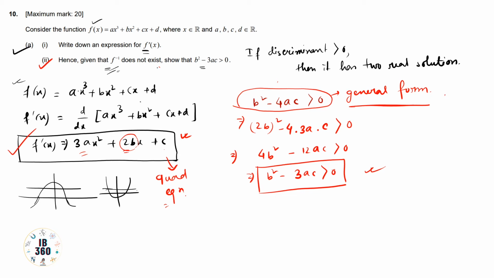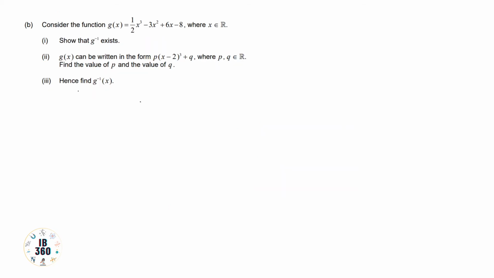Okay, now we will move toward the second part of this question, that is, consider the function g(x) equals half x cube minus 3x square plus 6x minus 8, where x belongs to R. Show that g inverse does not exist.